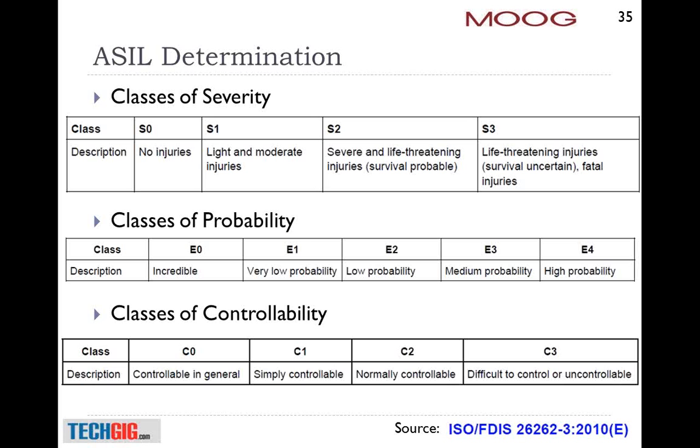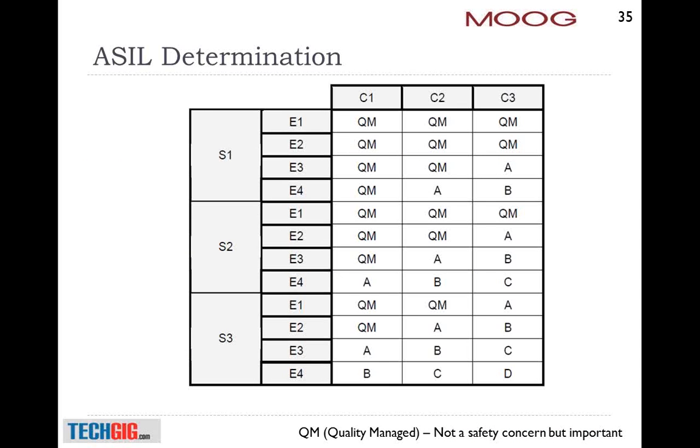Now, in DO178C, you saw a lot of levels. So even in 26262 for the automotive, you have different levels, which are, I think, classified in a better fashion than 178C, because you have classes for severity of an issue, you have classes of probability, and then controllability. This controllability is not there in the 178C.